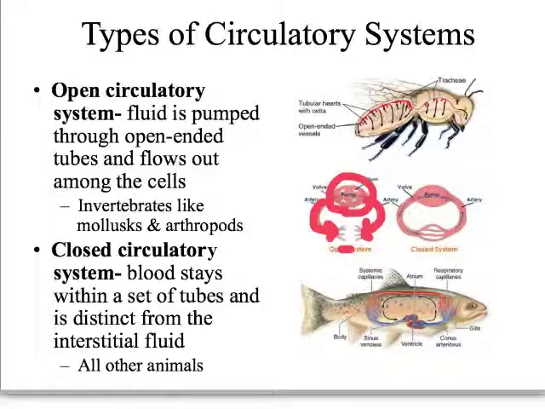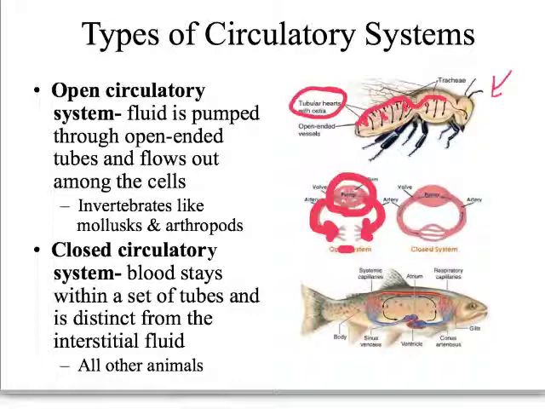And invertebrates like mollusks and arthropods commonly have open circulatory systems. So we see here in this picture that we've got this tubular heart. Basically this whole thing down here contracts and is going to pump blood through these little open-ended vessels that kind of just bathe the organs underneath.